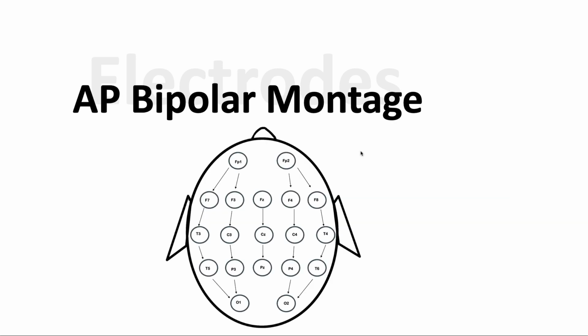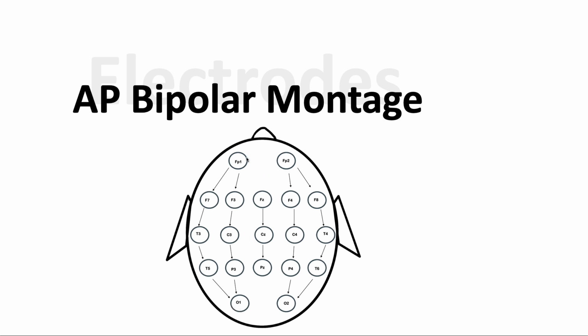An AP bipolar montage looks like this. Sometimes people call it a double banana montage, and you might see why when looking at this diagram here. It has a banana-like shape. These arrows are representing how one electrode is compared to the next. So you see here the temporal chain in an AP bipolar montage is FP1 compared to F7, F7 compared to T3, T3 compared to T5, and T5 compared to O1.